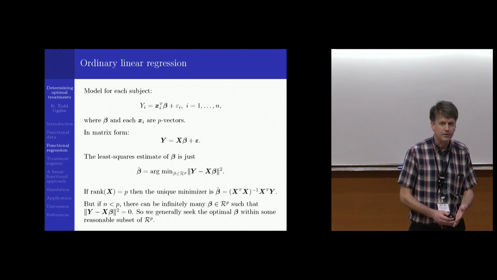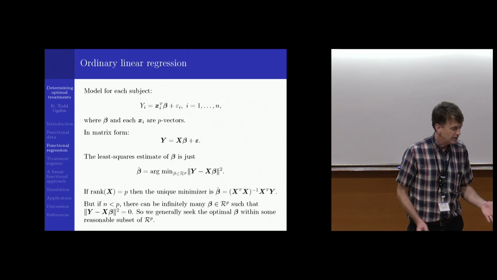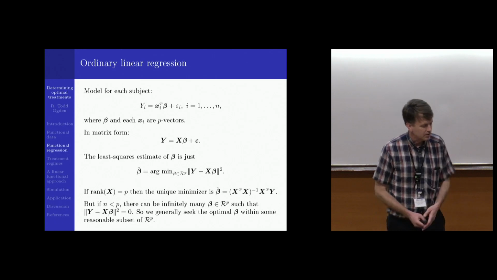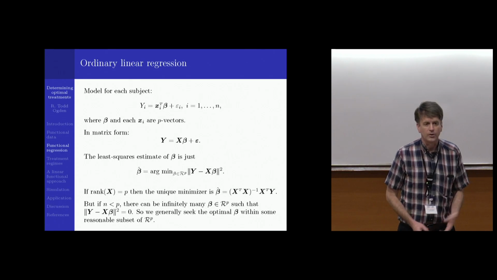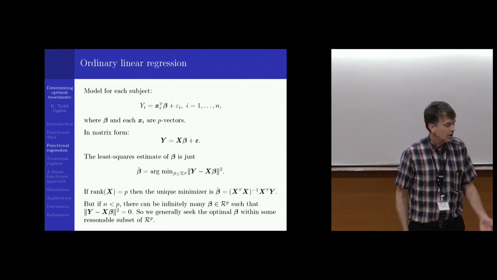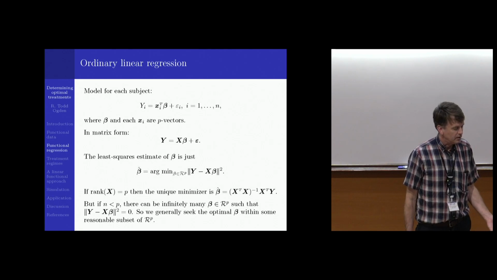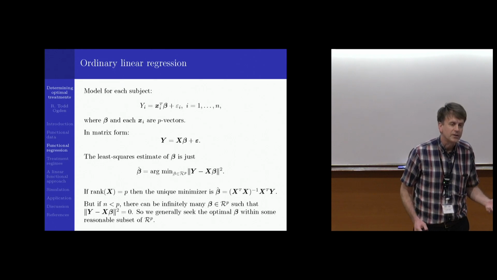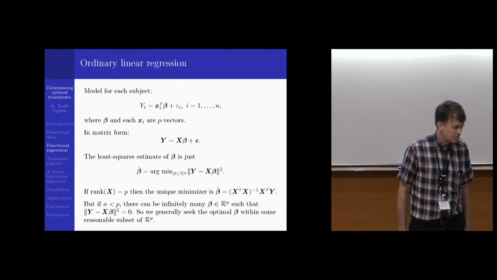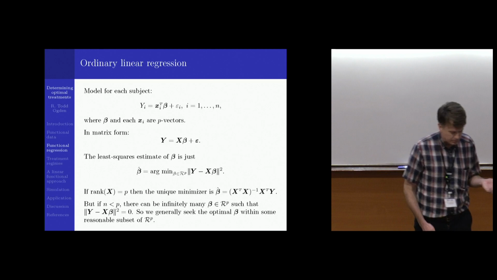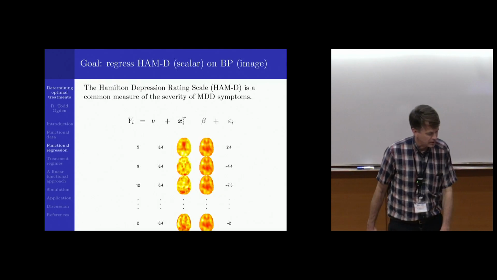However, if you've got very fine functional data, then your X transpose X will not be non-singular, and so you just can't do this. So, okay, fine, no surprise there. We still want to get a beta here, but we have to restrict it in some way so that it'll give us a reasonable beta, and we'll still be able to compute it and interpret it, I would add.